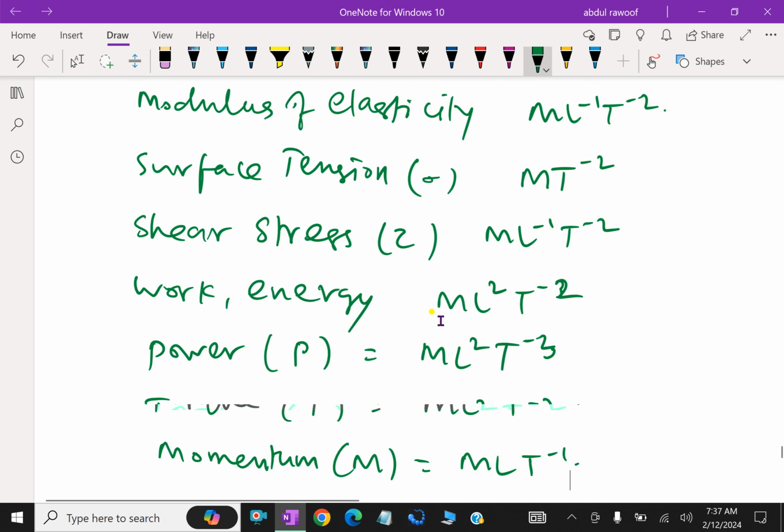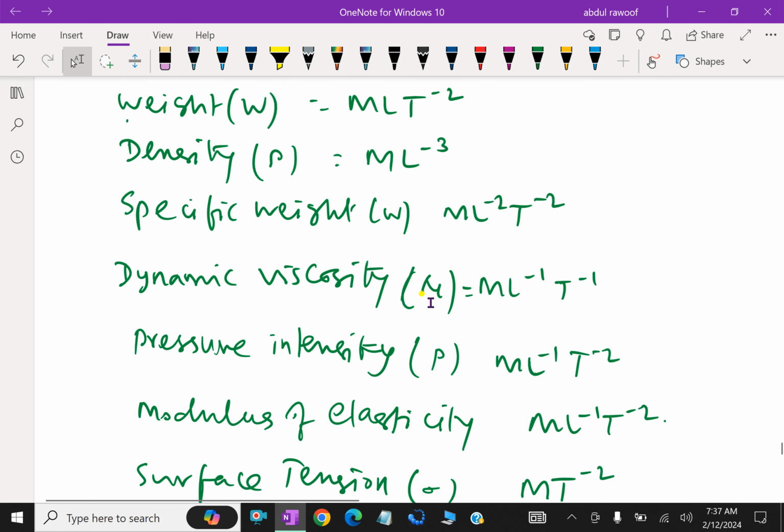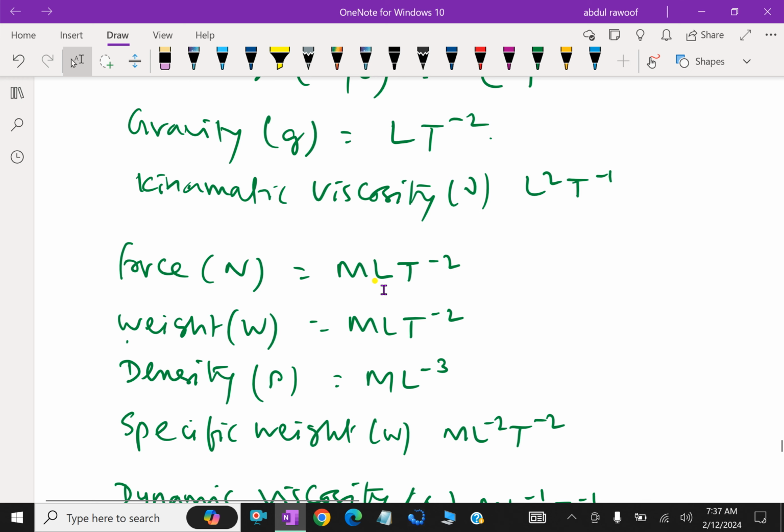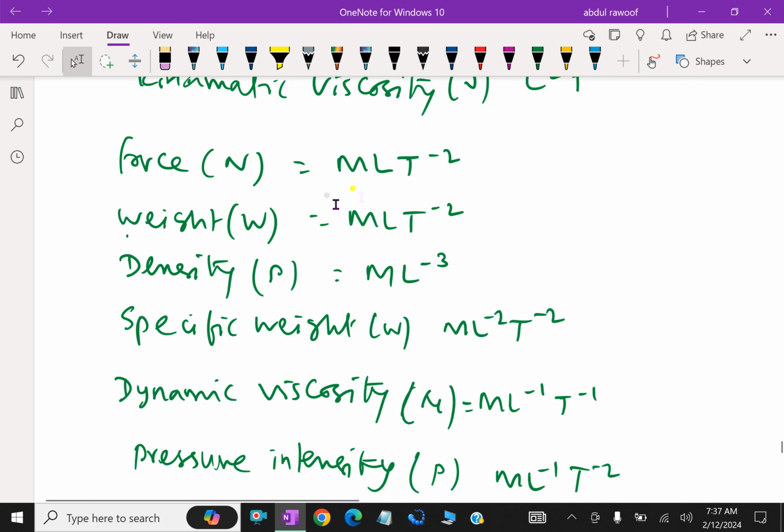These are some of the derived dimensional quantities. Here I give only the formulas, but we can derive them if you need, while solving problems.